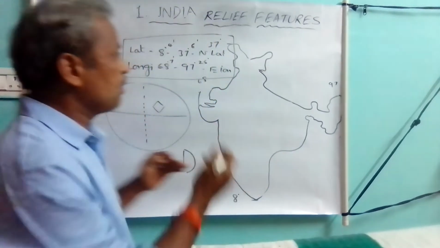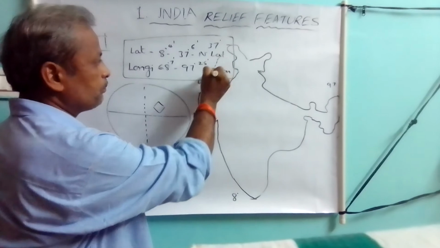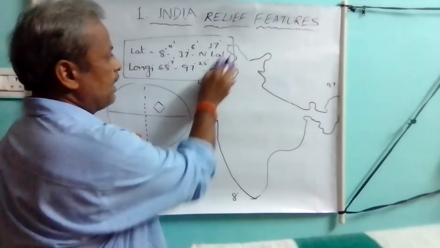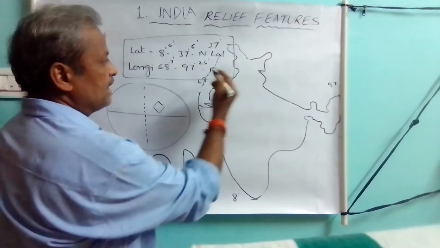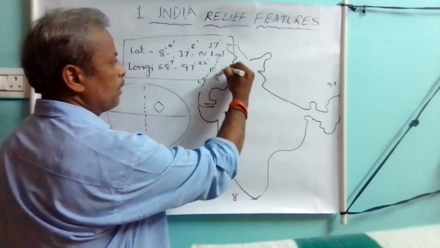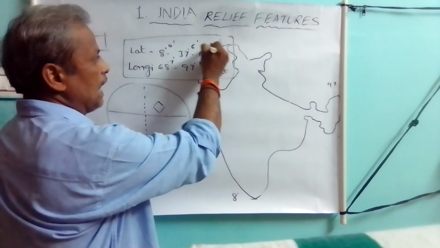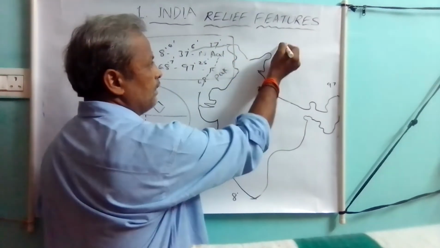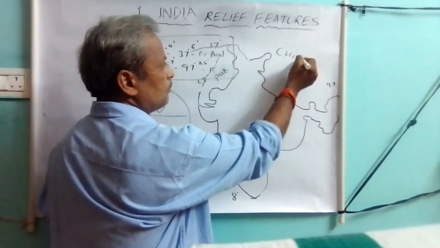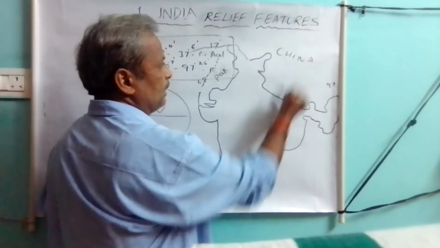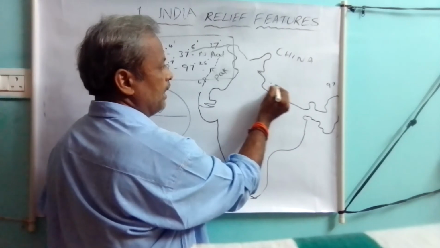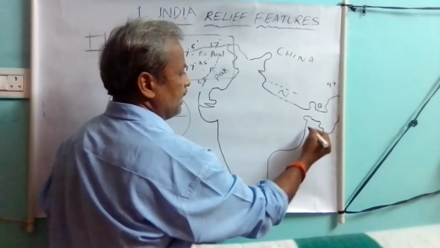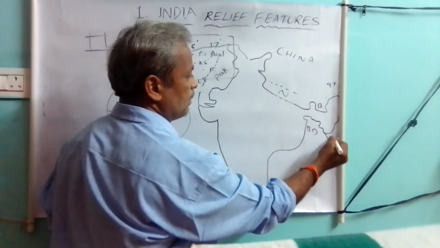And we have to see what the neighboring countries of our India are. You are observing on the board, on India's north-west side, Pakistan, one neighboring country, and above Pakistan, Afghanistan, the second, and on the very north China, and between China and India, Nepal, and one more neighboring country Bhutan, and in the east Bangladesh and Myanmar.